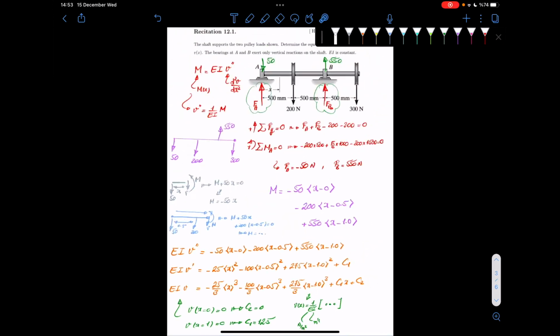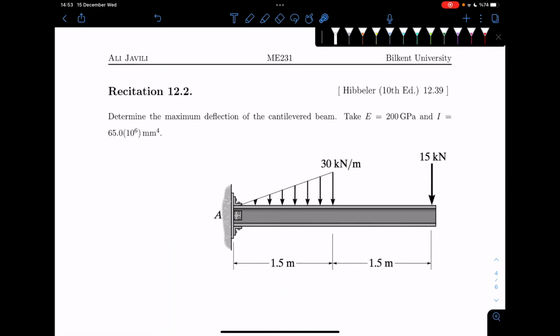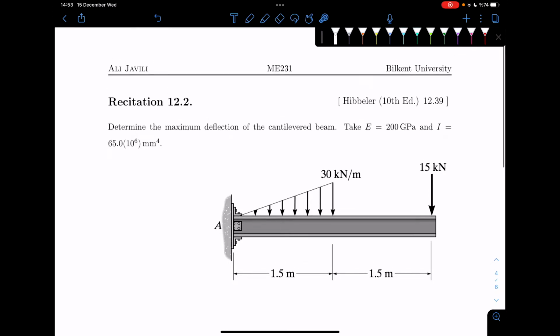All right, so that's that. The second exercise is here. You are given this loading, and again the question is, determine the deflection. It asks you to determine the maximum deflection, but the idea is not very different from what we have done before.